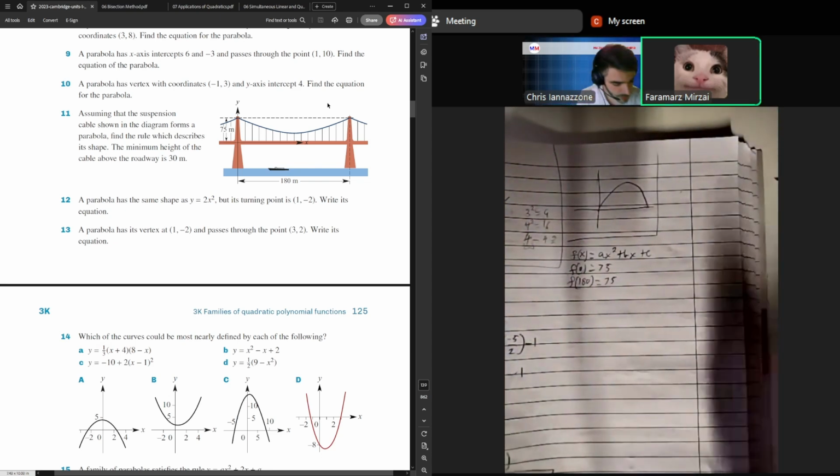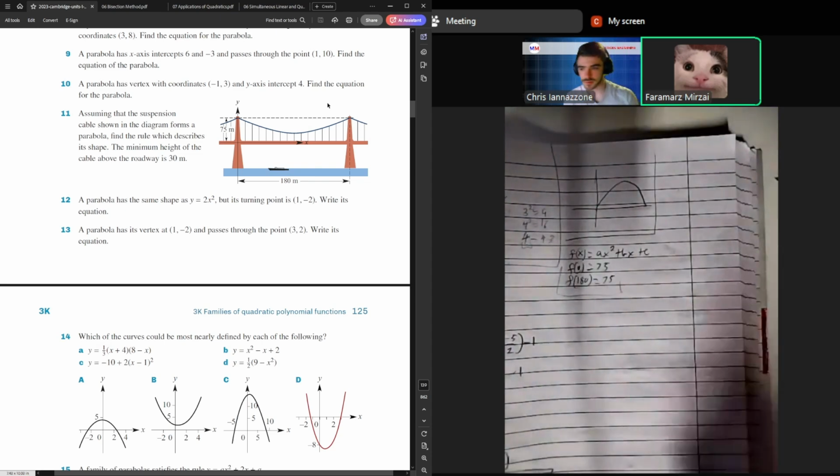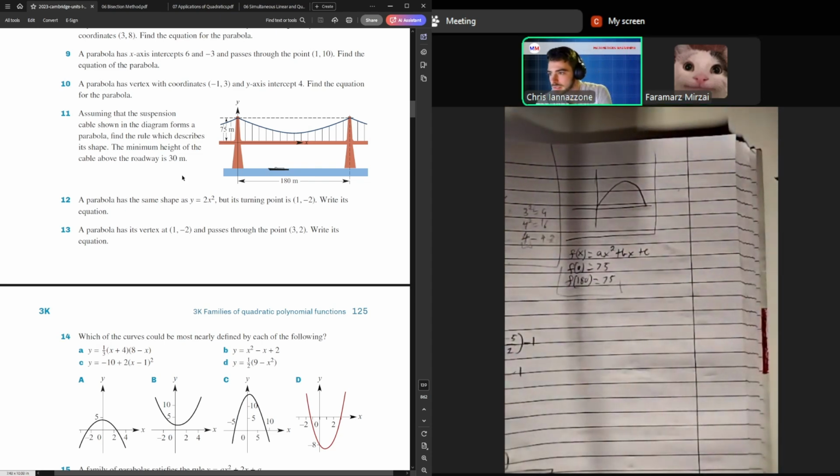That's two unique points so far. The next thing we're told is that the minimum height of the cable above the roadway is 30 meters. That's talking about this spot where my cursor is. It wouldn't be touching that x-axis, right? No, it's hovering above it. So what we're told is that's the minimum height, so y equals 30 at this spot.